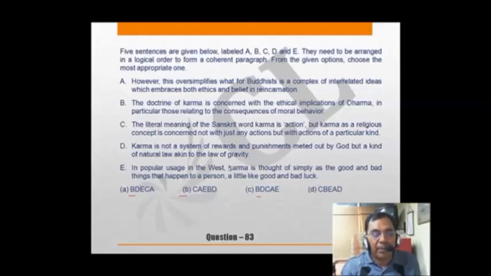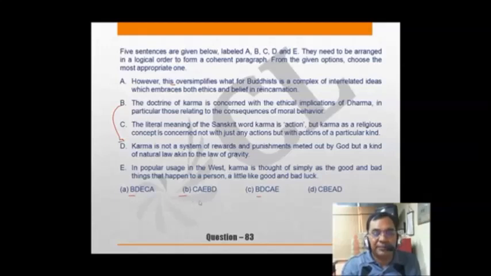Okay. I don't think so. This is making too much sense to me. Let's see. However, this oversimplifies A as a connect.